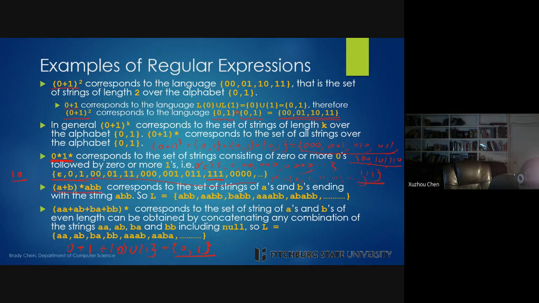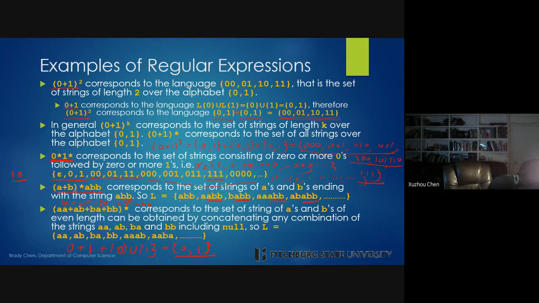Now you can build another language using this expression: (a plus b) star, concatenated with abb. (a plus b) star gives you any combination of a and b, and then it is concatenated with abb. So the string always has abb at the very end.